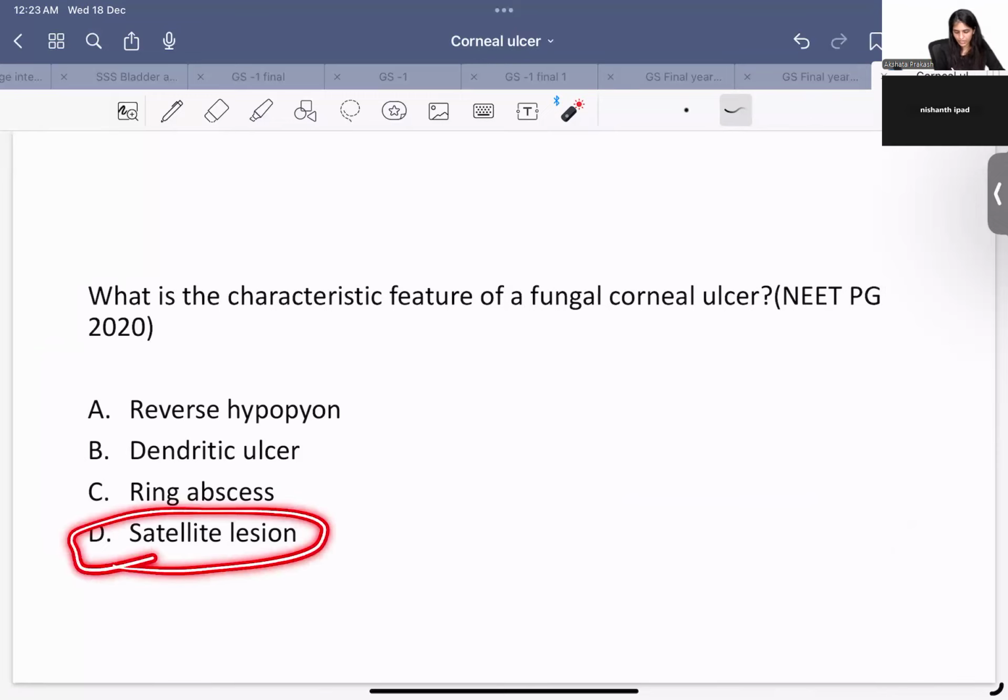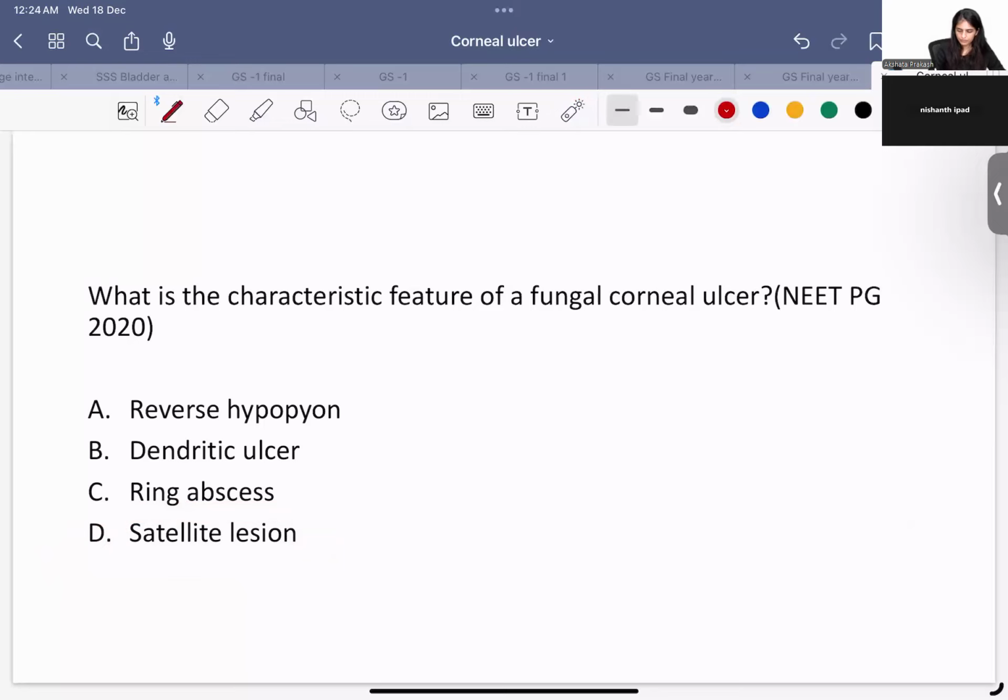Where do we see reverse hypopyon? What do you understand by reverse hypopyon? It is very simple. This is your cornea. Hypopyon is usually seen in the inferior part. Because of gravity, it settles down. But reverse hypopyon, you see it here. So what is this condition where you see reverse hypopyon? If this is filled with silicon oil.